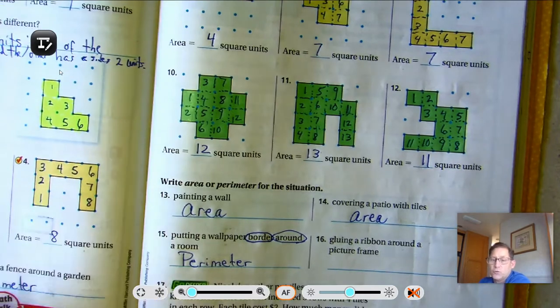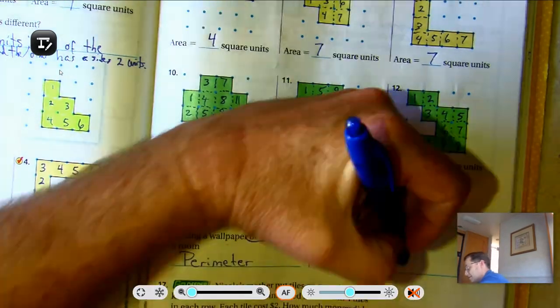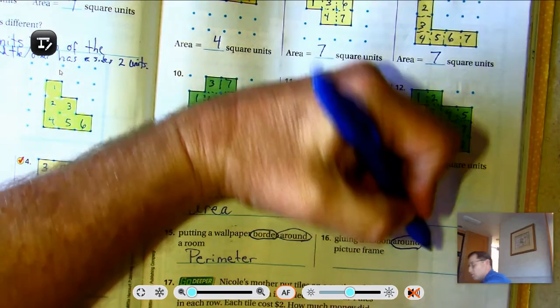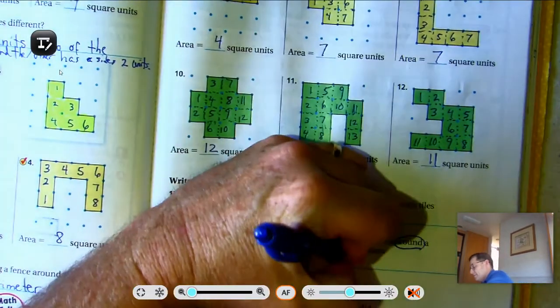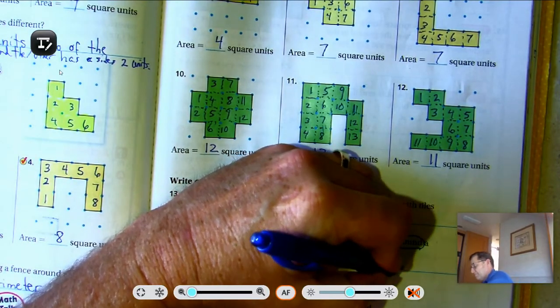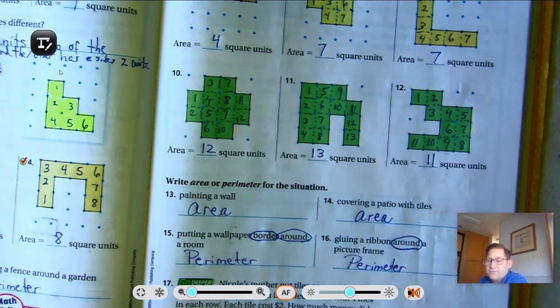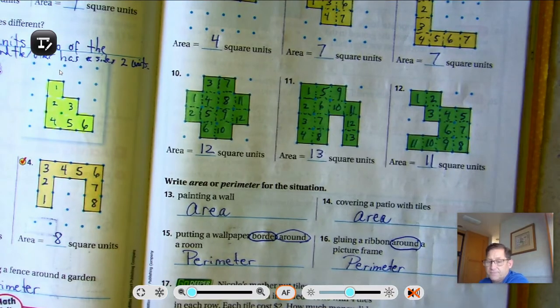And 16, gluing a ribbon around a picture frame. Around a picture frame, again, is the key word there. Perimeter. The picture inside the picture frame would be the area. What is the area of the picture? What is the perimeter of the picture frame?